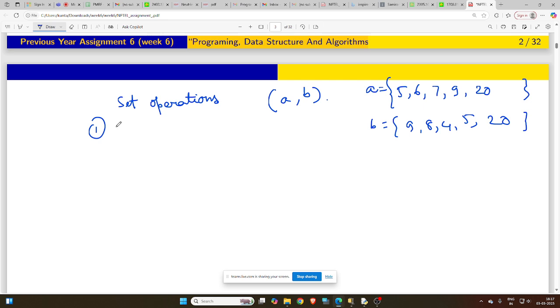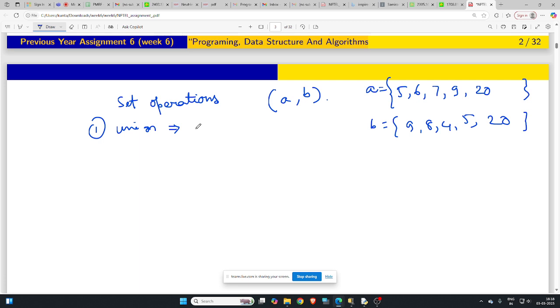First operation is union. It is exactly similar to mathematics, because in mathematics set operations also we have four types of operations. One is union, then intersection, then there is a set difference, and there is an exclusive or. These four will work for our set in Python as well.